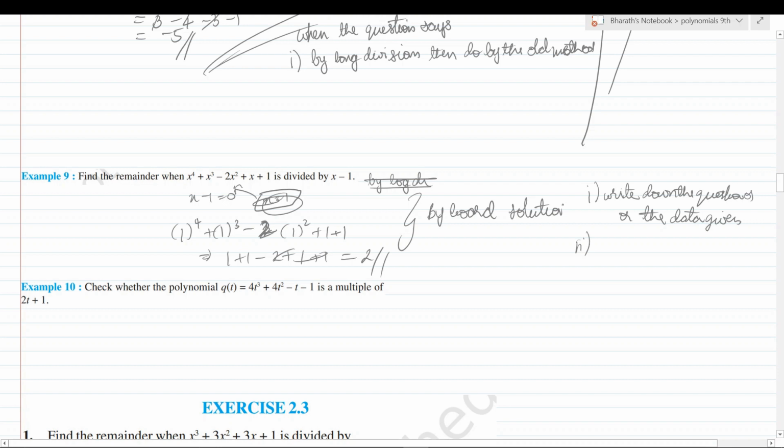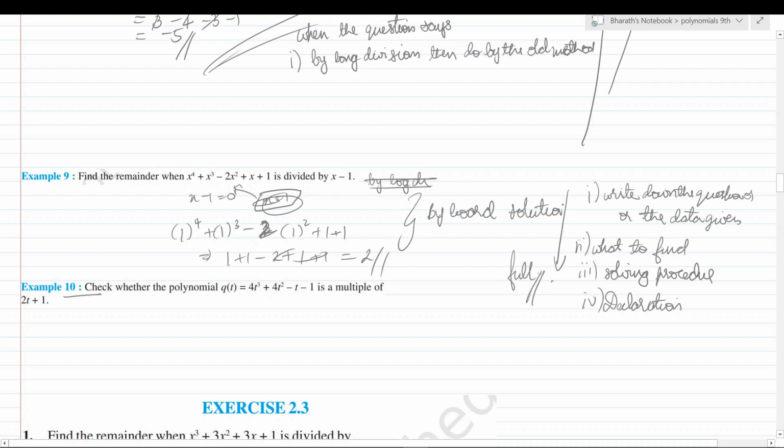Then second, what to find. Third, solving procedure. And the last, declaration. Do this in order, you will get full marks.